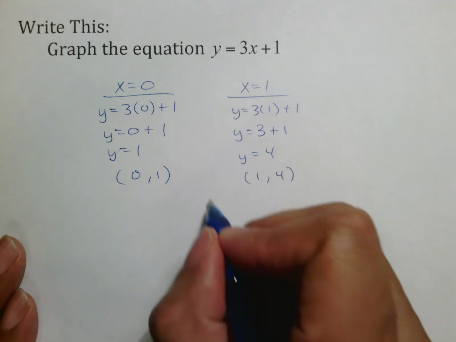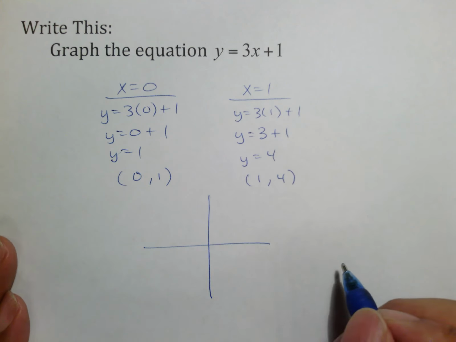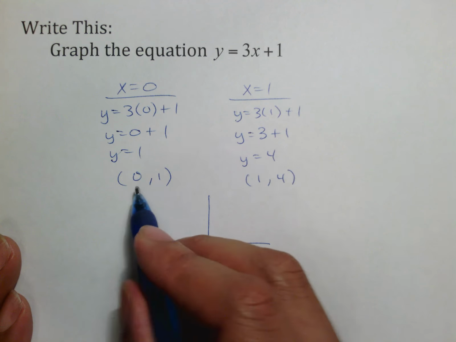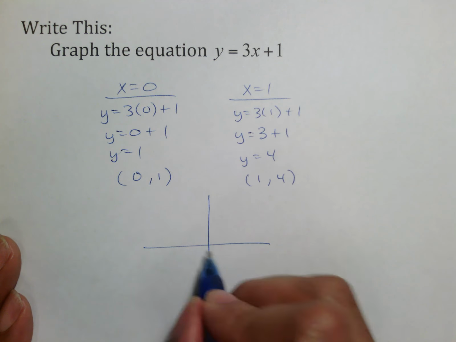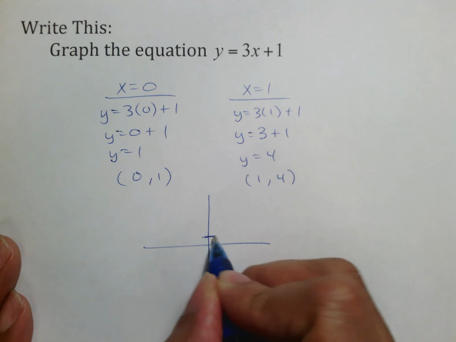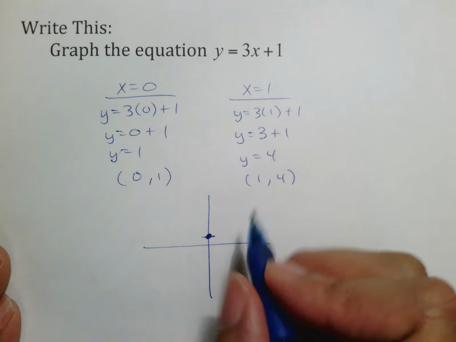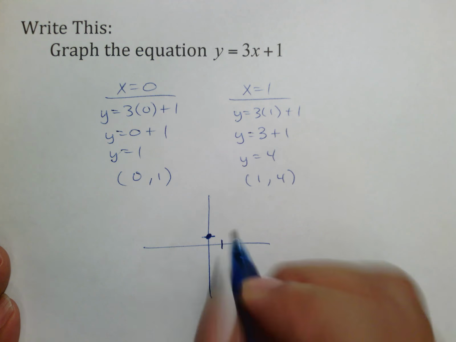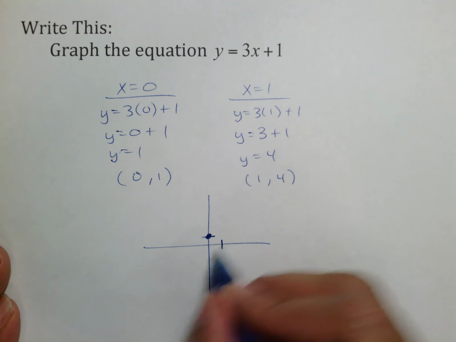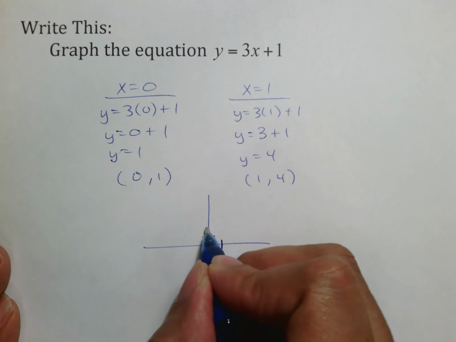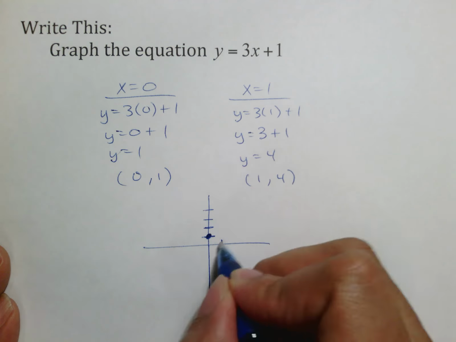In the end, whenever you've got a cheap sketch, just start with that axis like we usually do, and just kind of make your own marks. (0, 1) means don't go left or right, but do go 1 up, so I put a tick mark there and put a dot there. (1, 4) means go over 1, so put a tick mark for going 1 over, and then make sure your marks go up to 4, so 1, 2, 3, 4.